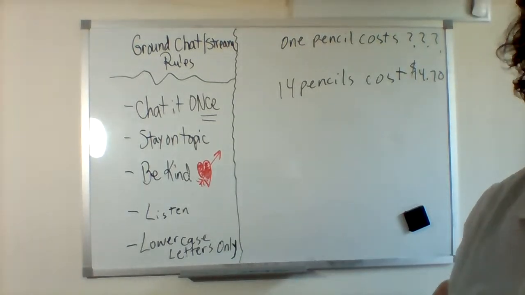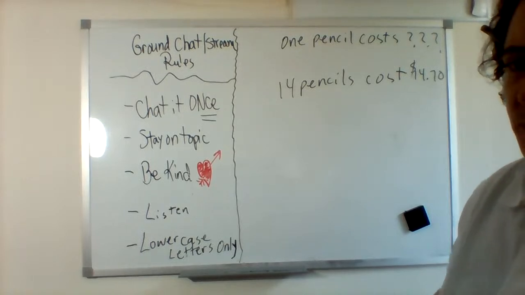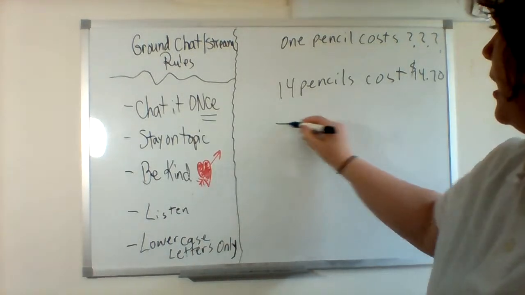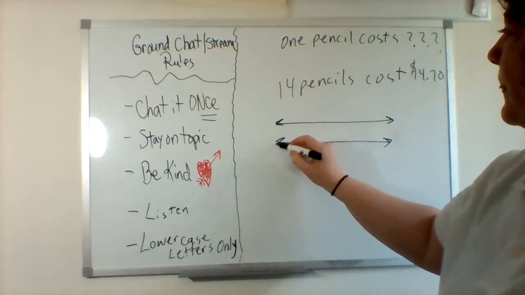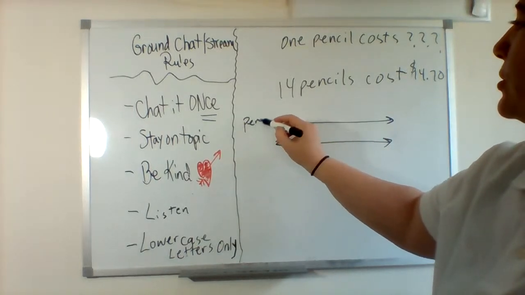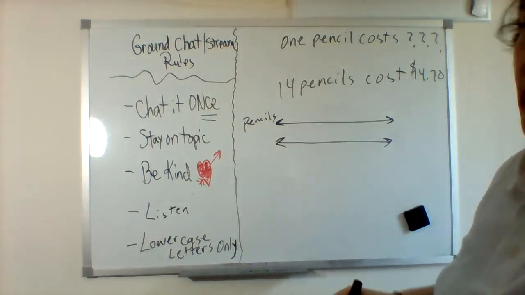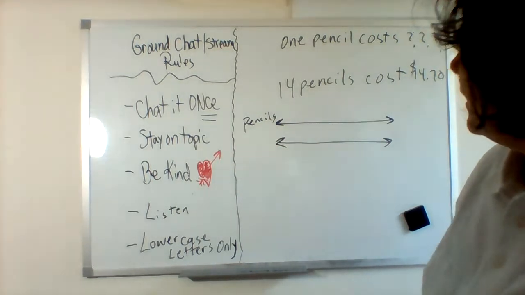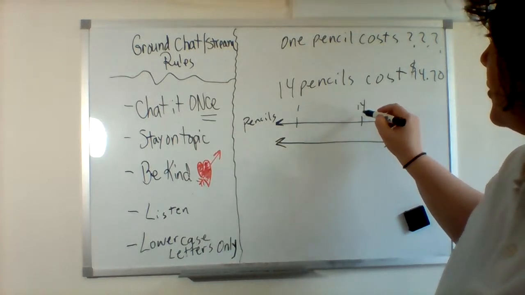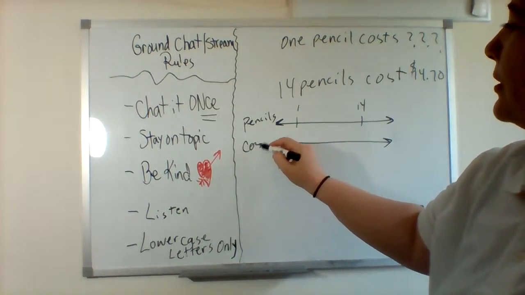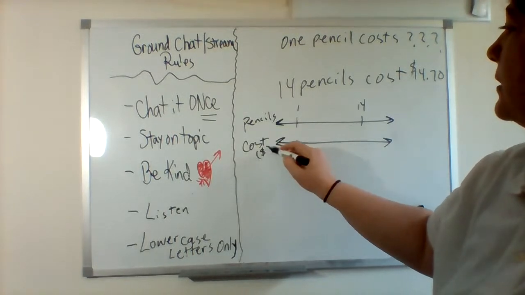Okay, so what I'm going to do while I wait for Alex to give me his expression or his equation, we've been making double number line diagrams lately to represent our ratios, or I could say rates. If the number of pencils, I'm looking for one, but I have 14, and the other quantity is cost in dollars.